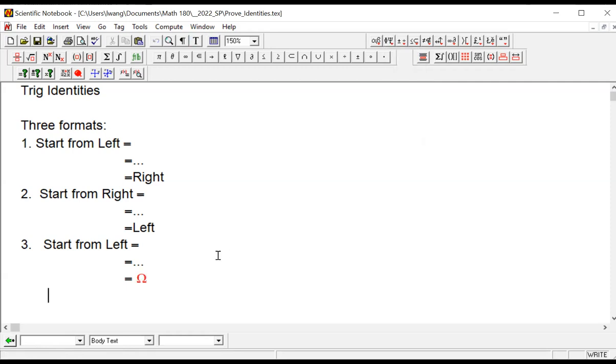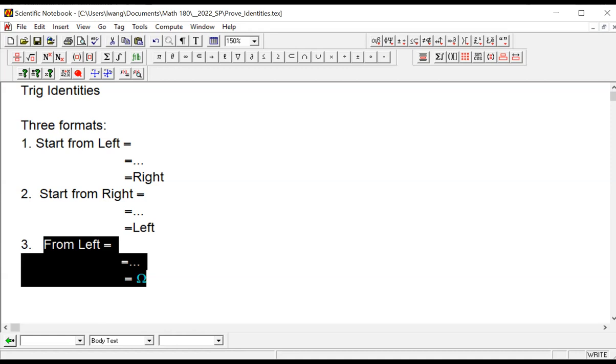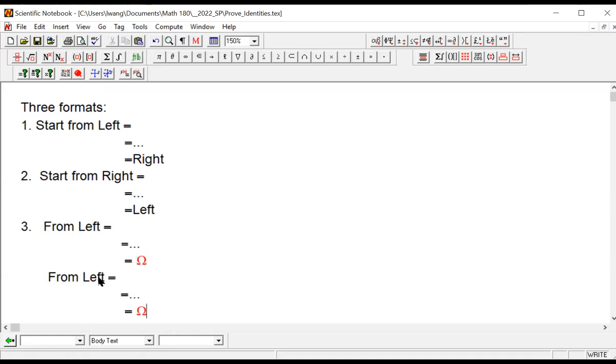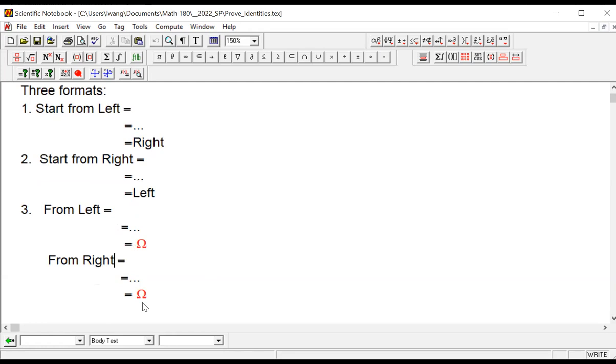We don't have to start from only the left or the right. From the left, we get to a third place, and from the right, we also get to the same place. Since omega is the same as omega, it's proved.